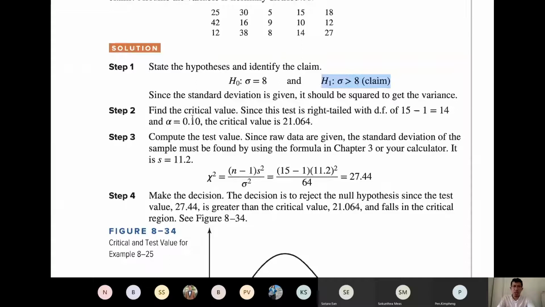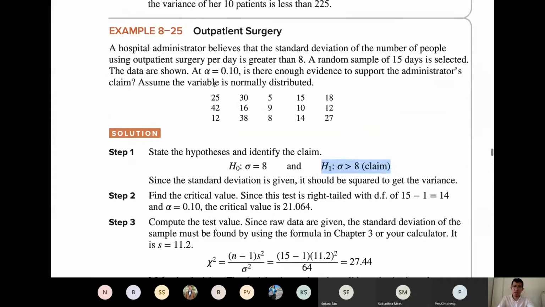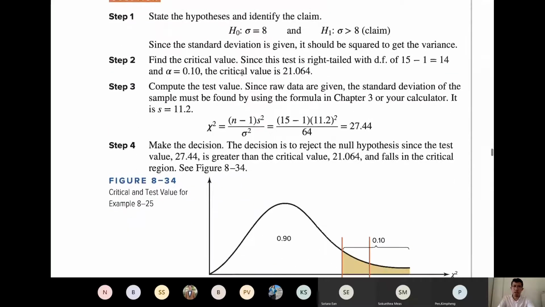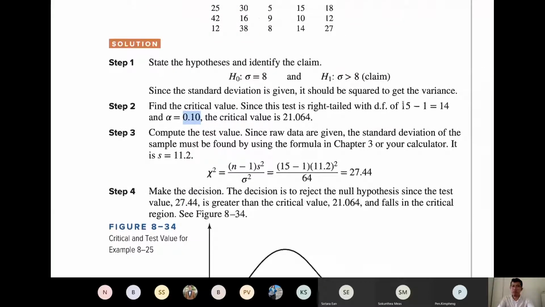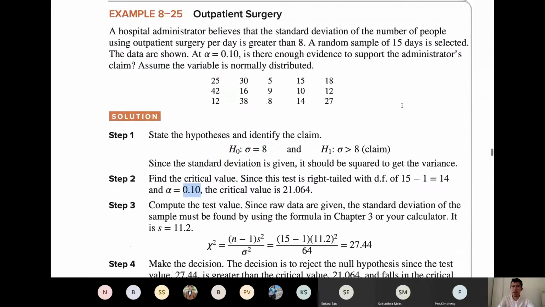First of all, again, we have to compute the critical value corresponding to this significance level, 0.10, and you also have to specify the degrees of freedom. The degrees of freedom is 14 because we select data of 15 days.